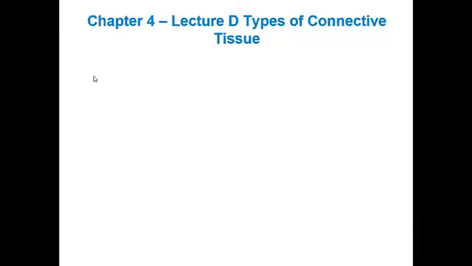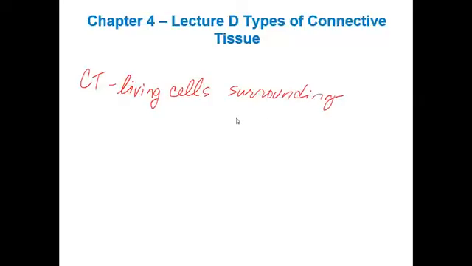So remember that all connective tissue, which I'm just going to abbreviate as CT, are all living cells that are going to be surrounded by matrix. So make sure you know what the important components of this matrix are. This was in the last mini lecture.